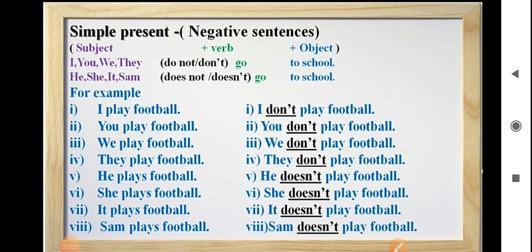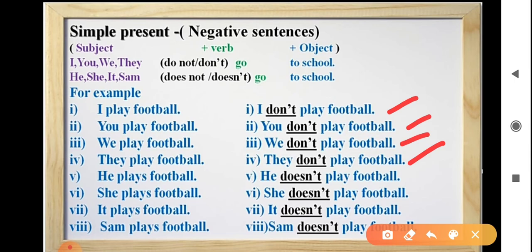Now take further examples of how affirmative sentences are converted into negative sentences. See examples. I play football, I don't play football. You play football, you don't play football. We play football, we don't play football. They play football, they don't play football.